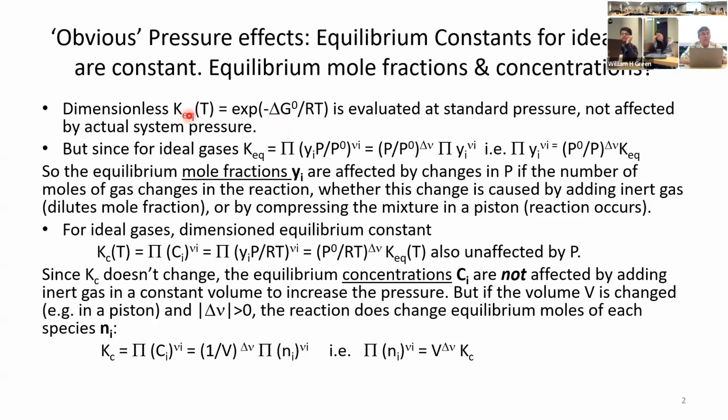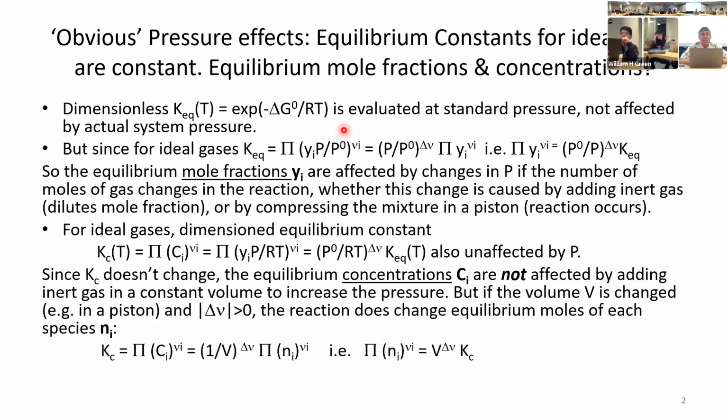Now, because K_Q is a constant independent of the pressure, you can ask, what's the expression for K_Q? It's the product of the partial pressures of the products divided by the partial pressures of the reactants, all normalized to the standard pressure with the stoichiometric coefficients, just like you learned in high school.